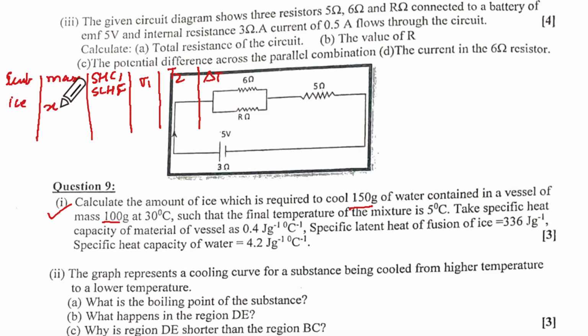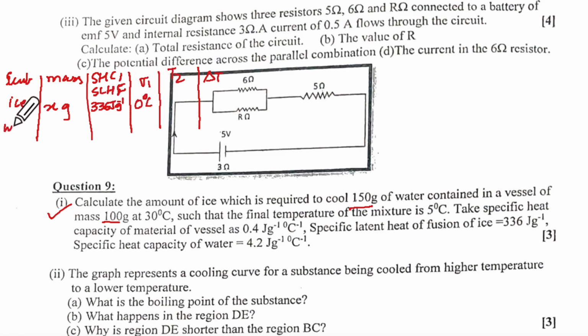We have to find the mass, that is x gram. Now SHC, SLHF, this is 336. So 336 joule per gram. I'm writing temperature T1. Did they say at what temperature the ice is? They have not given the temperature, so it is 0 degrees C.